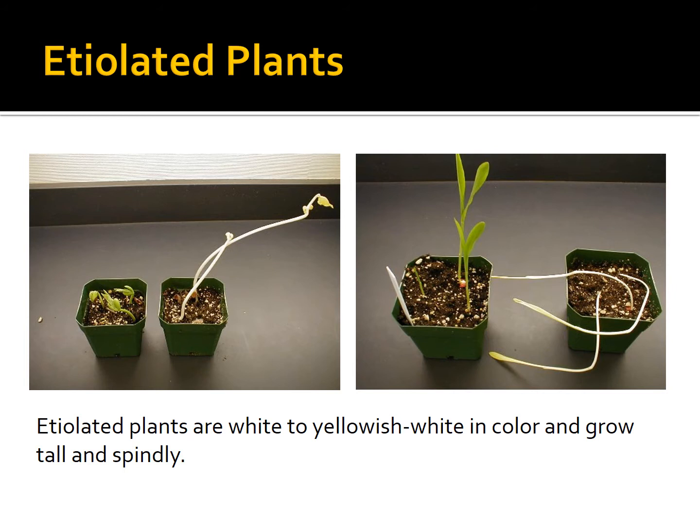The plant is growing very tall and spindly. And then if you look at the plant on the left-hand side in each of those pictures, those were plants that were grown in the light, so they are much shorter and they're green. Why? Well, like we just said, you need light to manufacture chlorophyll, and chlorophyll is that green colored pigment.